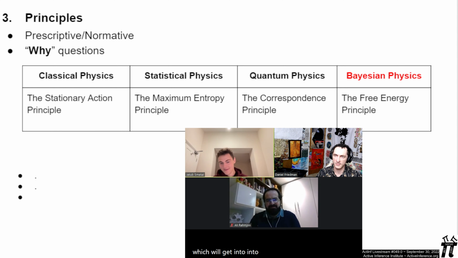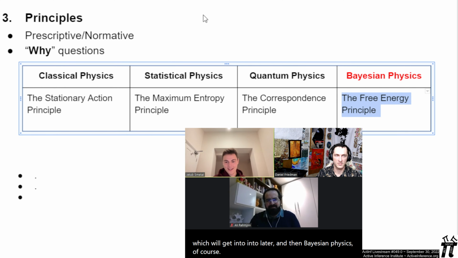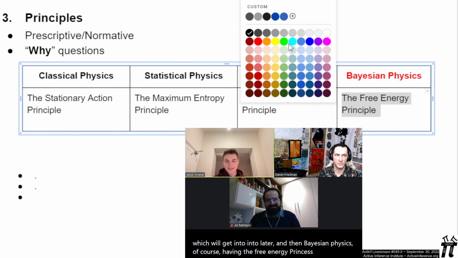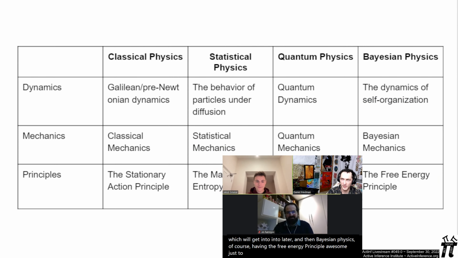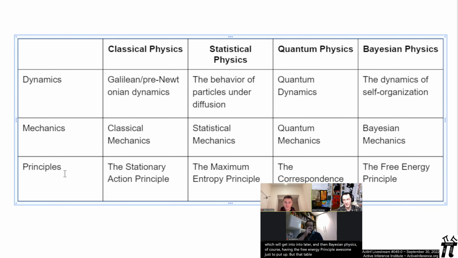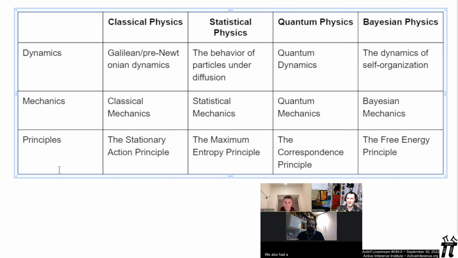And then Bayesian physics, of course, having the free energy principle. Awesome. And just to put up what that table looks like, we also had a ton of other correspondences and rows and columns.